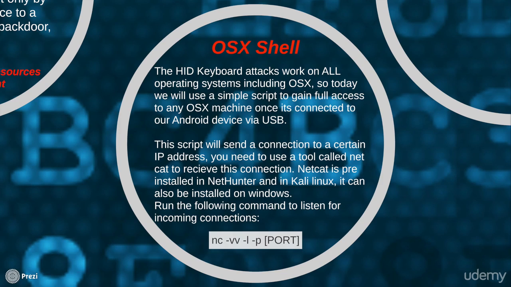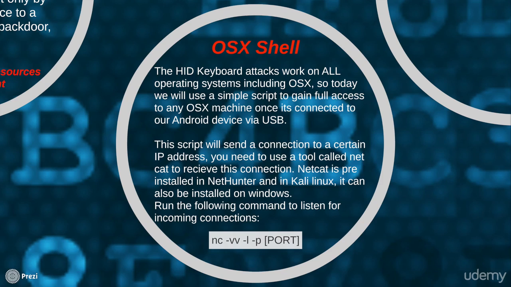Today we're only using a normal TCP connection from OS X to another IP. So you just need a simple tool called Netcat, which is available on all operating systems, and it's pre-installed on your NetHunter and on normal Kali for PCs. So you can straight away just run the command and it's going to work.